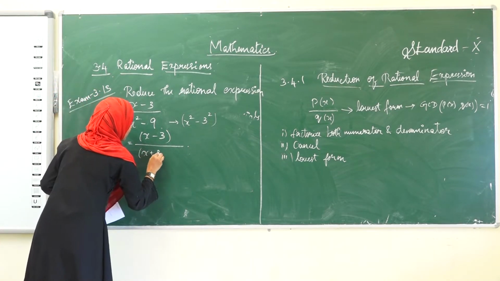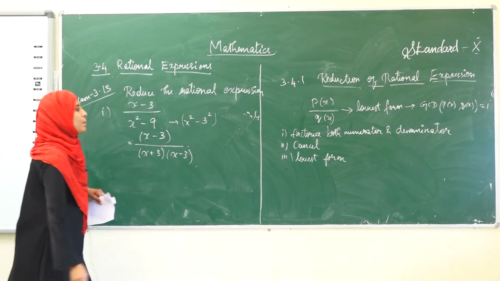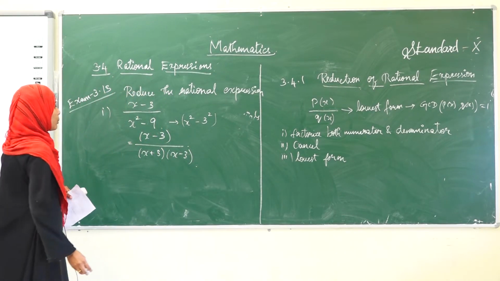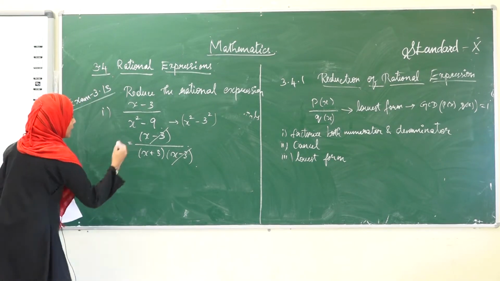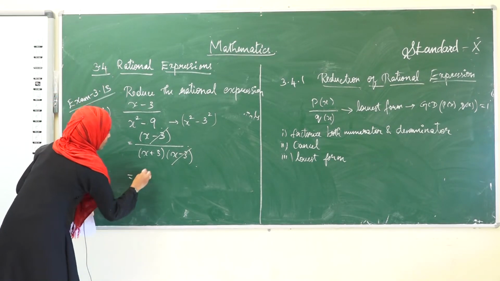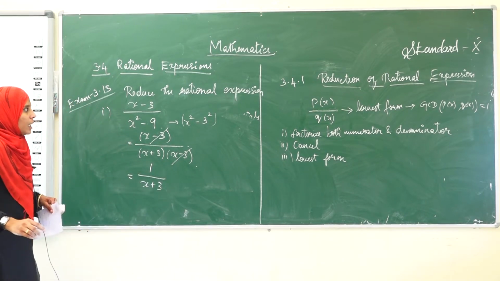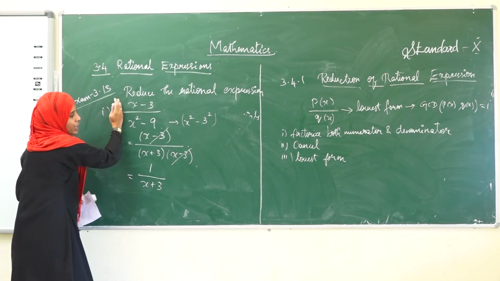Therefore, x plus 3 into x minus 3. In the second step, we are going to cancel the terms that are common in both the numerator and the denominator. See, this term and this term are common, therefore we are cancelling it. And then the last step, the remaining term is 1 divided by x plus 3, the rational expression in its lowest form.